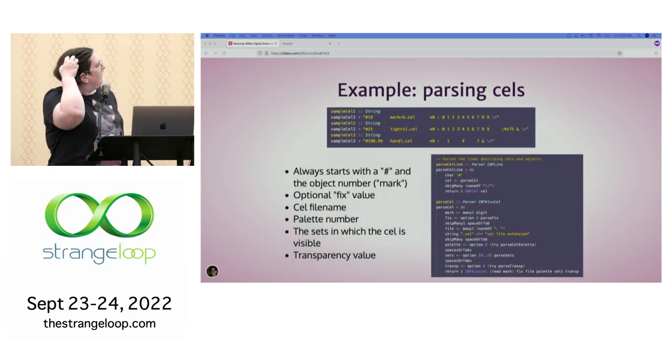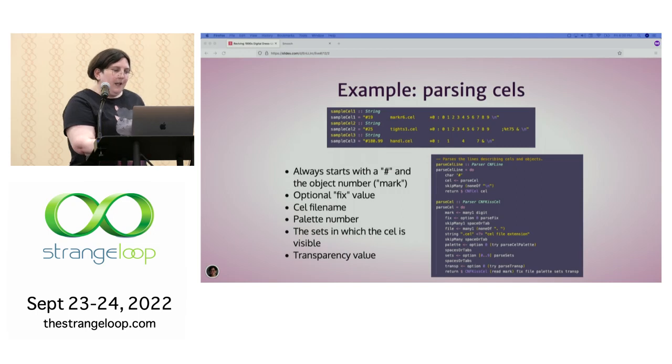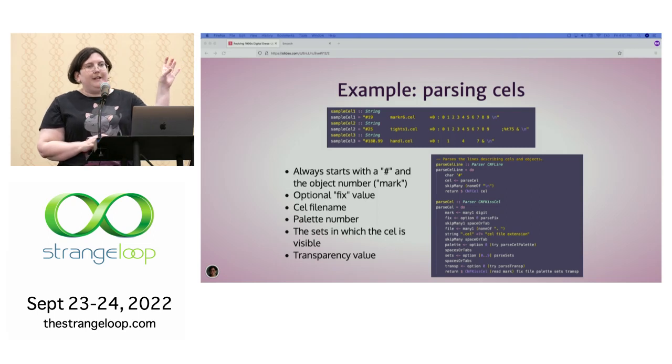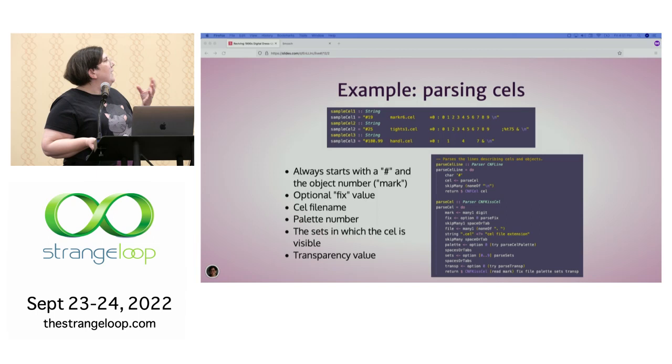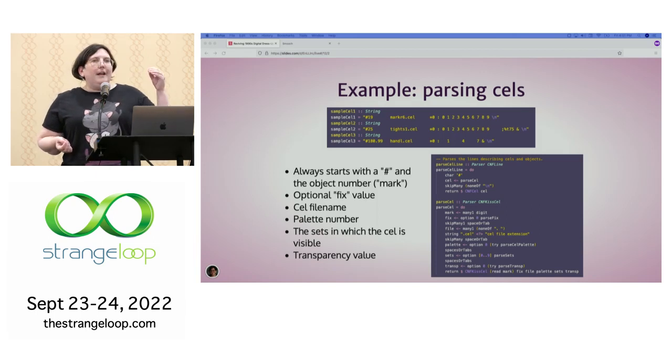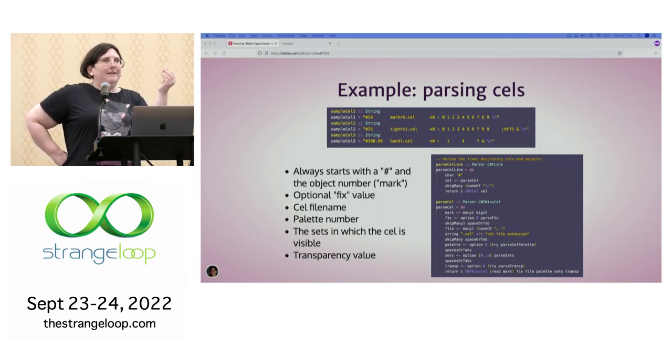So here's an example of one of the CNF line parsers. Most of the parsers start with looking at the first character in the line. A helpful thing that they did when coming up with this configuration file is they said, okay, every line is going to represent something different, and we're going to prefix each line with a signifier for what you're going to get out of it.